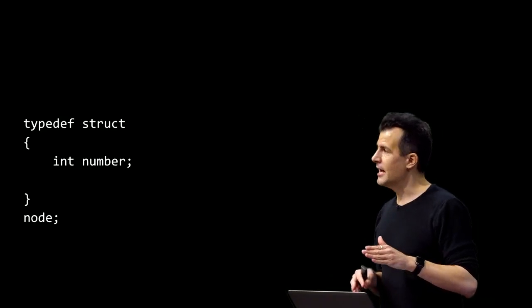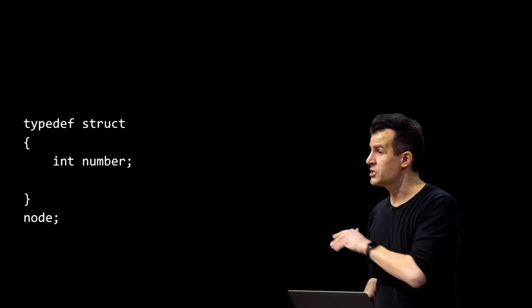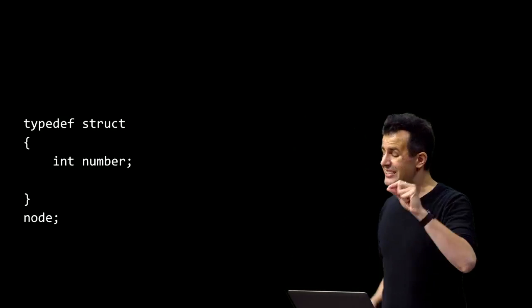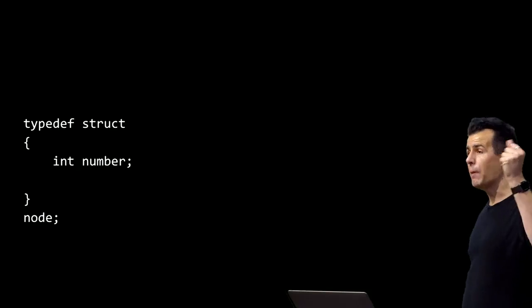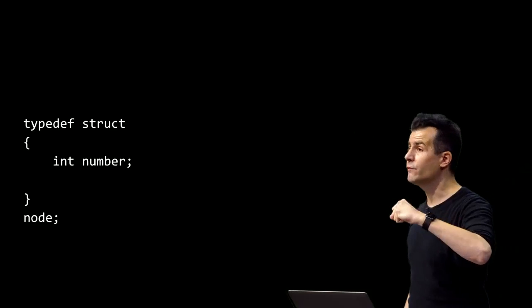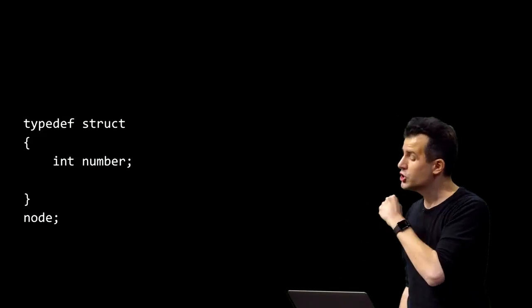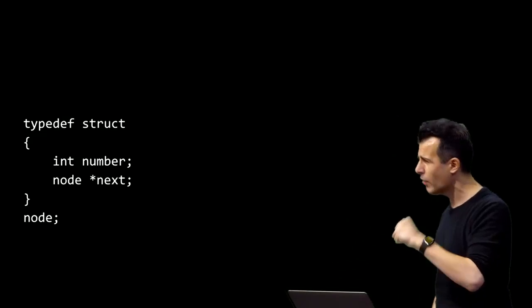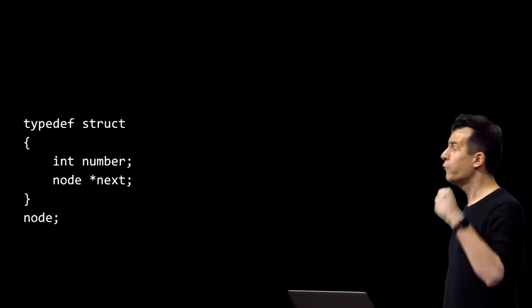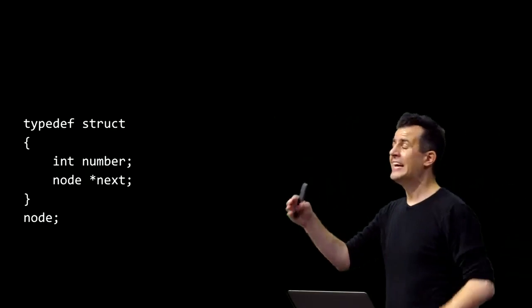The problem is that by nature of how typedef works, the thing called a node does not actually exist until the compiler is done reading that last line of code and the semicolon, which is to say that it would actually be incorrect to use or refer to quote unquote node inside of this structure, because literally by definition of how typedef works, a node does not exist until, again, that last line of code and the semicolon are executed.